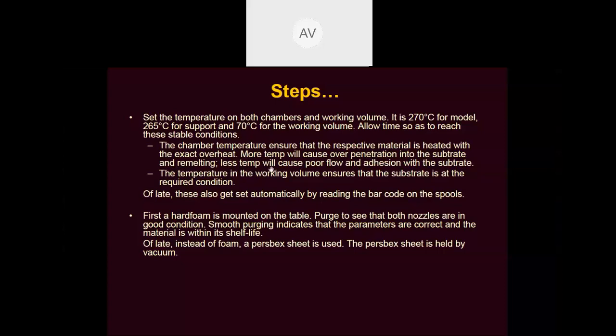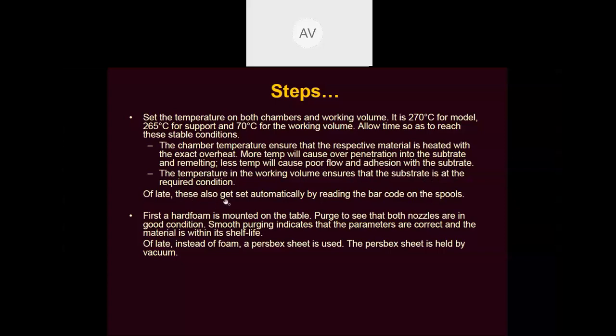Less temperature will cause poor flow and adhesion with the substrate. So we have to maintain the exact temperature of the support material, the working volume and the melting temperature. The temperature in the working volume ensures that the substrate is at the required conditions.